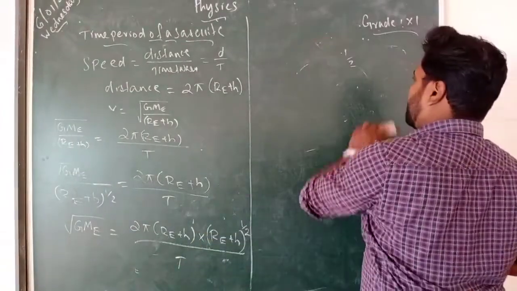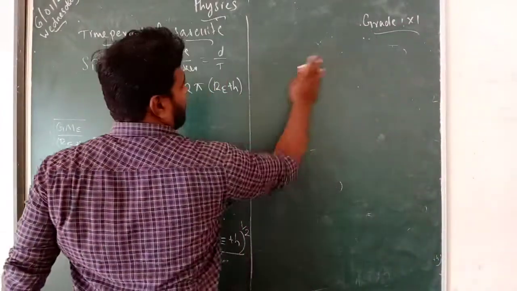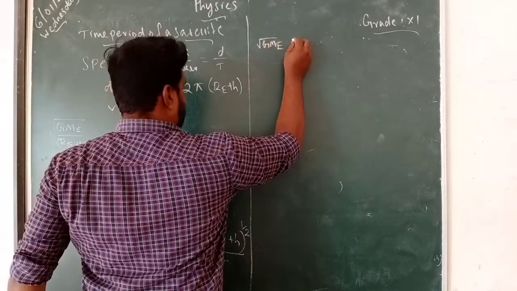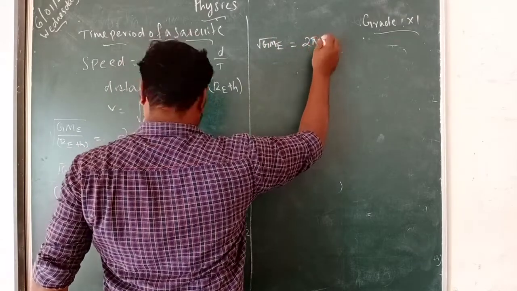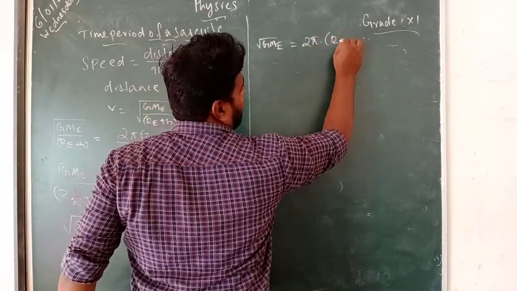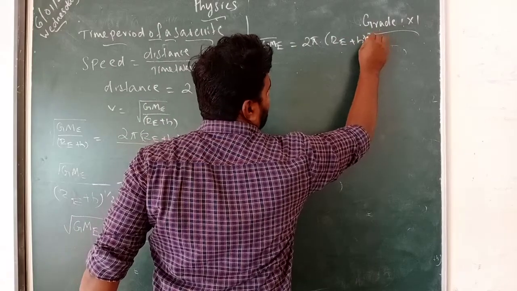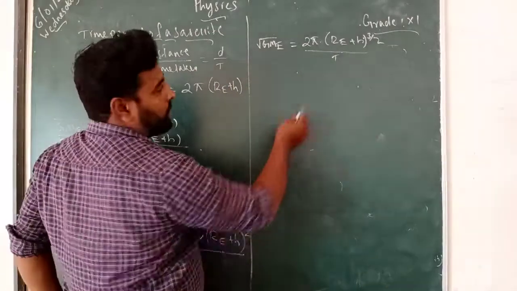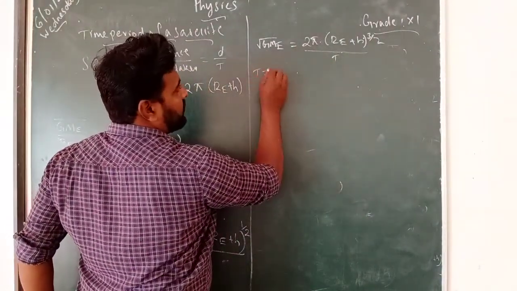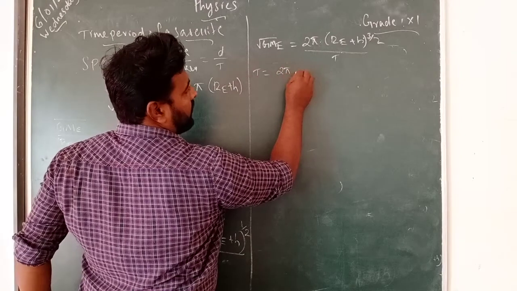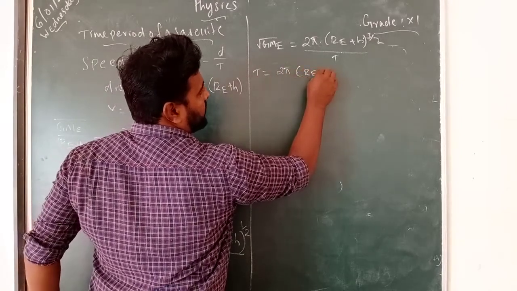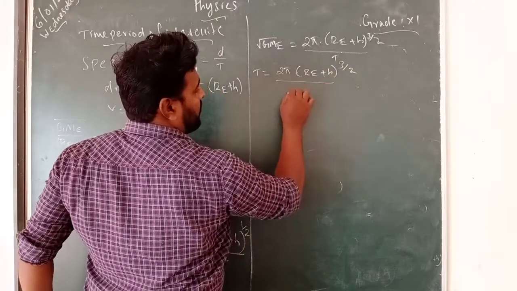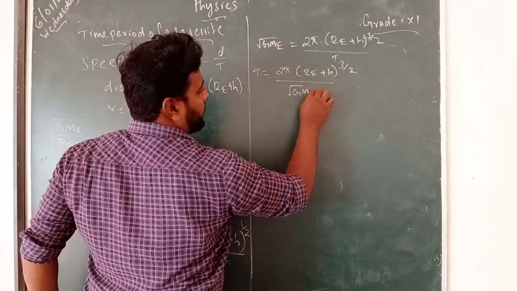We can write the equation as root G M_E equals 2 pi (R_E plus h) to the power 3 by 2 divided by T. Now take this T across: T is equal to 2 pi (R_E plus h) to the power 3 by 2 by root G M_E.